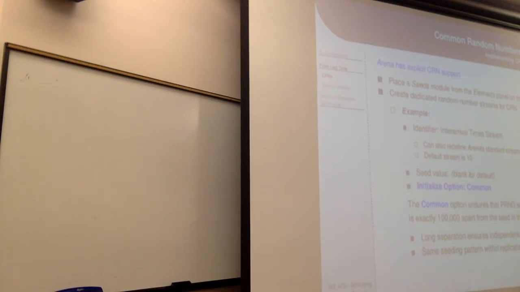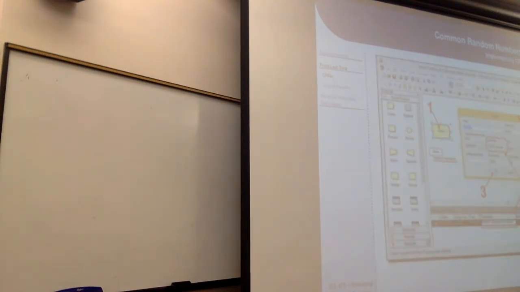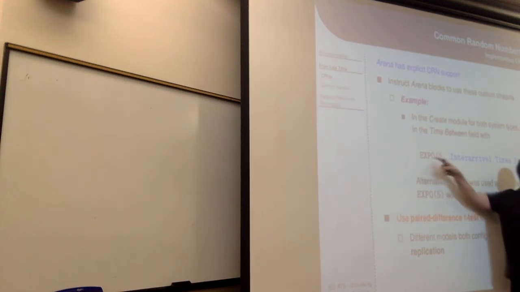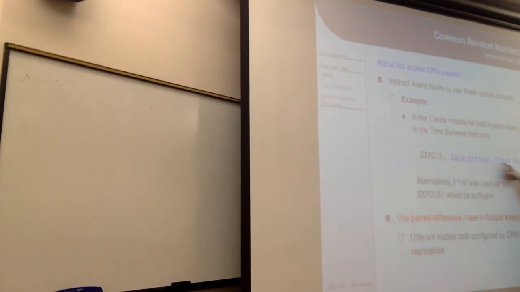And so if you don't use default stream 10, if you instead use, like, the inter-arrival time stream, the name that I put in the last one, then you can go into your model, and everywhere you draw a random number, you add an argument to the end of the random number. So if this is normally expo 5, I do expo 5 comma, and whatever comes after the comma, the last argument after all the parameters.